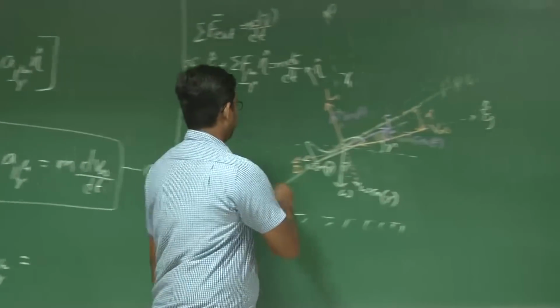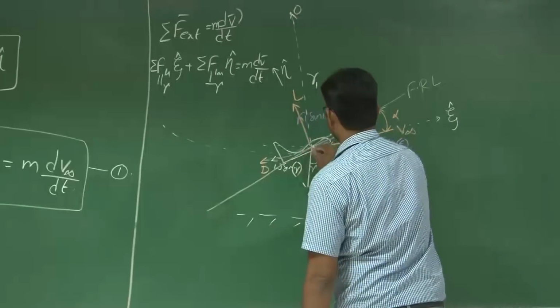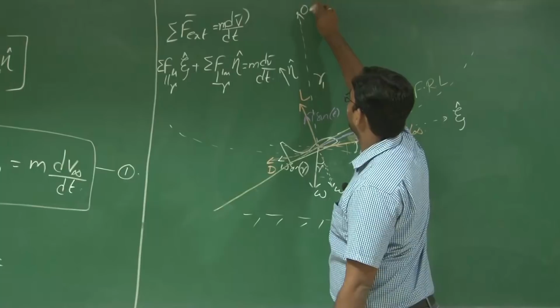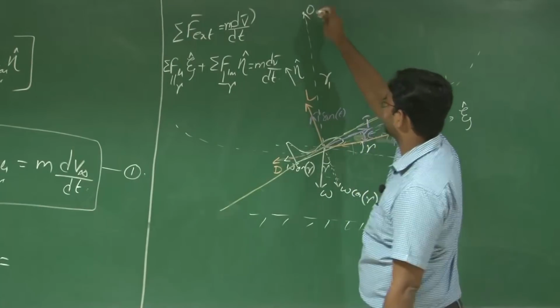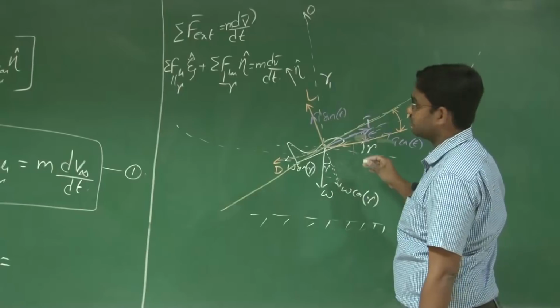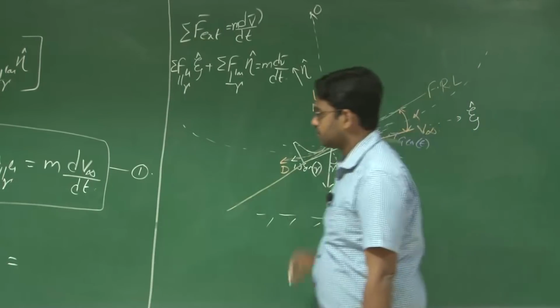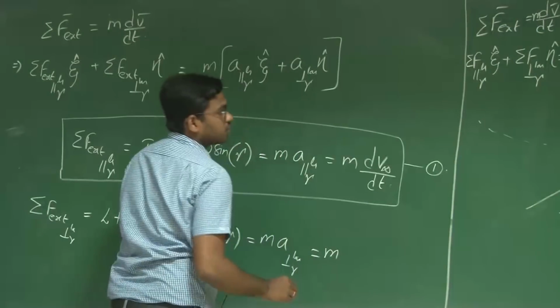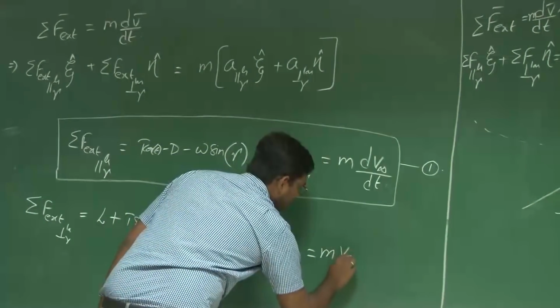Now we assumed that this aircraft is rotating about O, right, which means O is the center of this rotation, at a radius r1. So what will be the perpendicular acceleration here? V square by r.